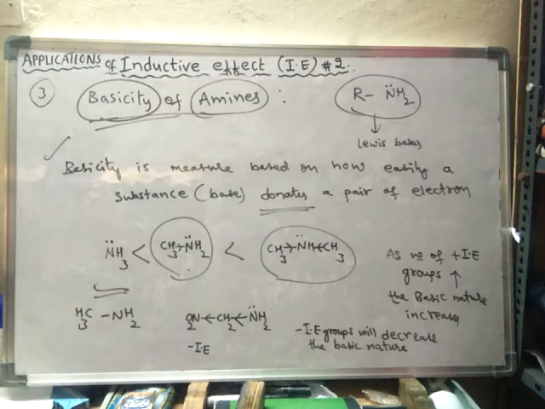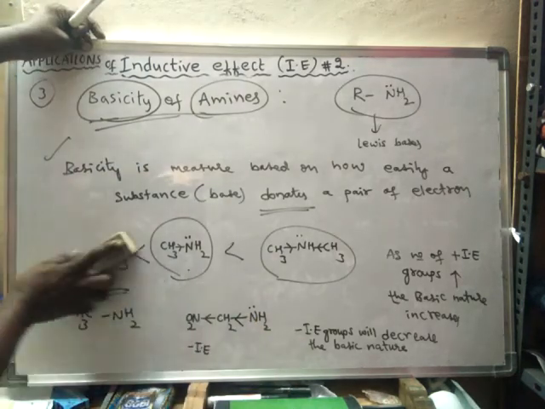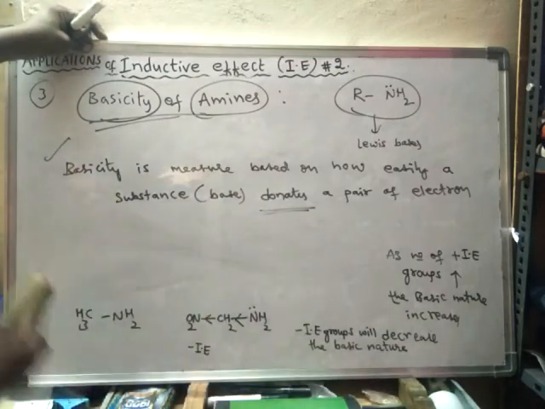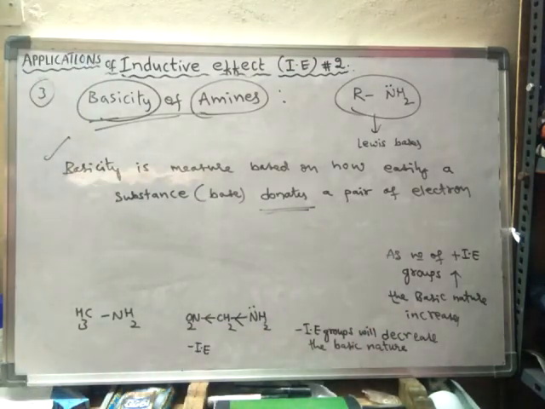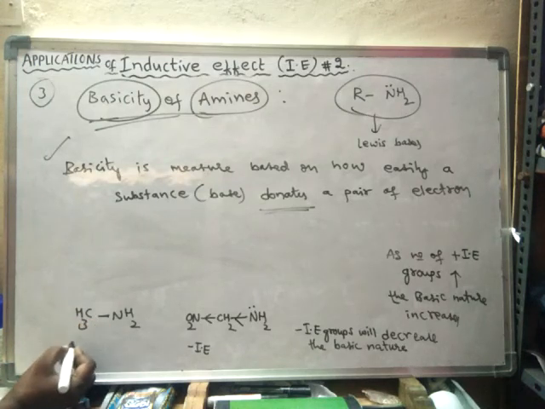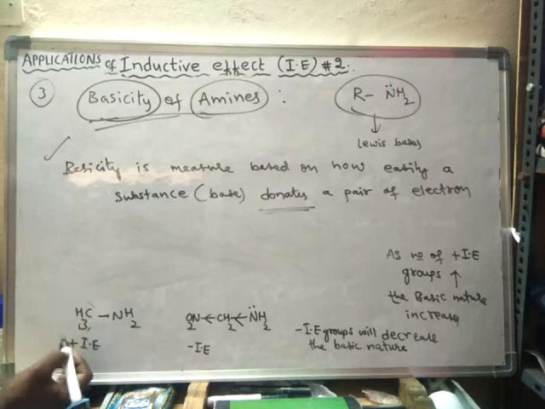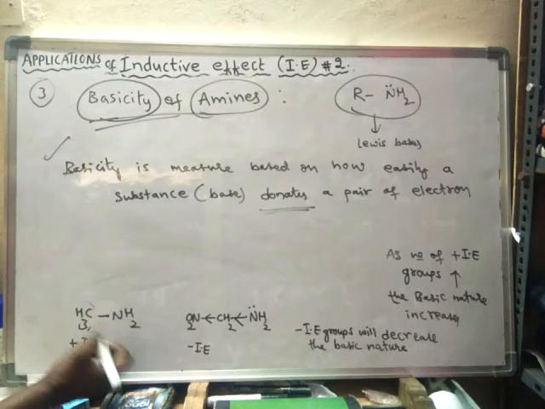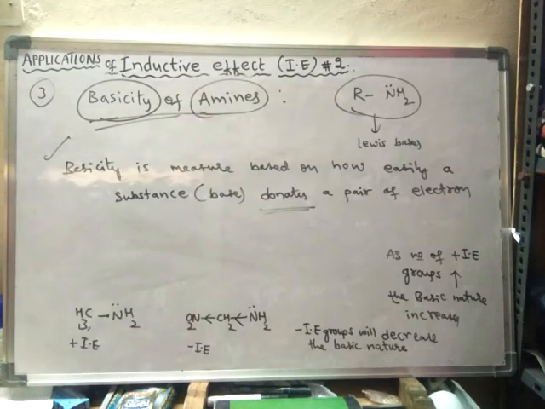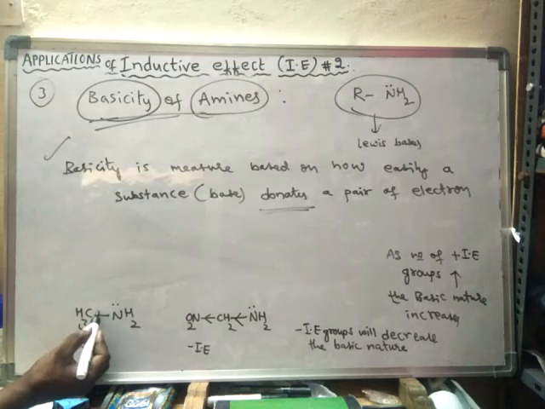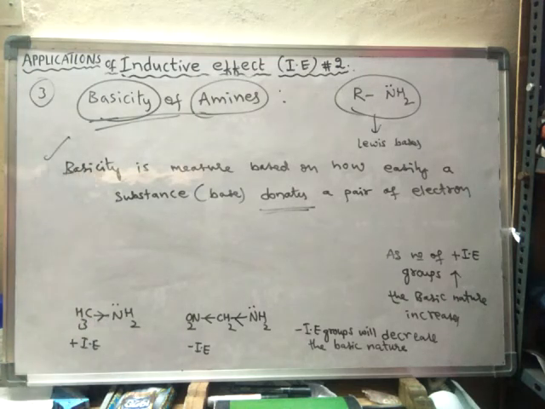Here compare NH2 CH3 with the other one. Which one is more basic in nature? See here, the methyl group is a plus IE group, and on the amine nitrogen there is a lone pair. This is a plus IE group, so it releases electrons onto the nitrogen.